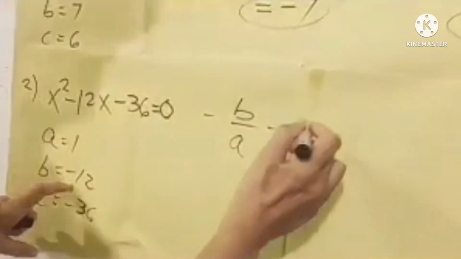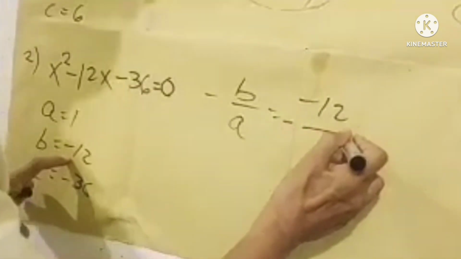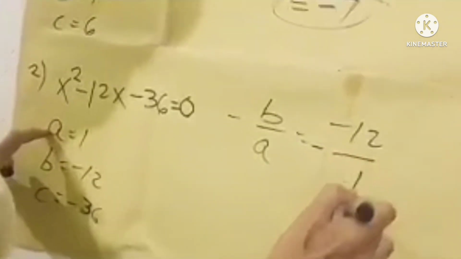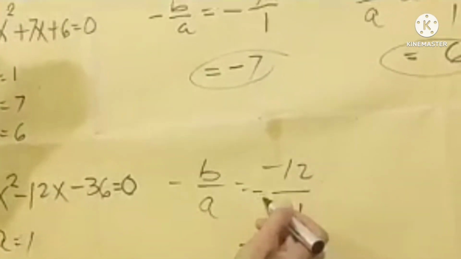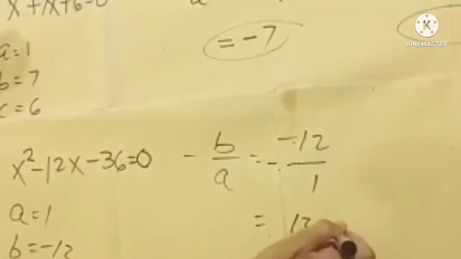We substitute now: our b is negative 12, with the negative sign, over a which is 1. So we have to multiply the signs. Negative times negative becomes positive. 12 divided by 1 equals 12. This will be our sum.